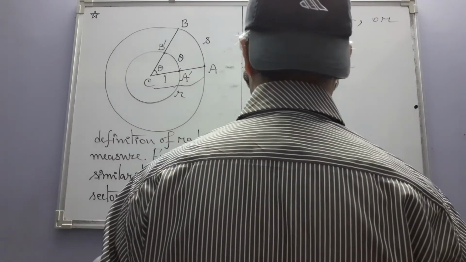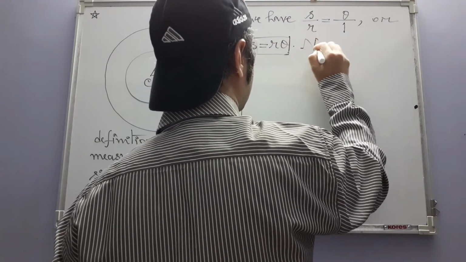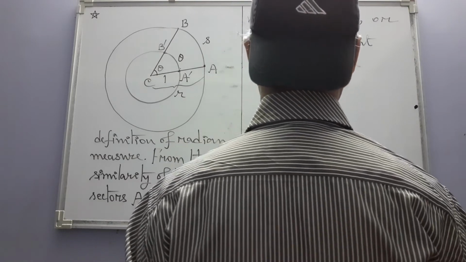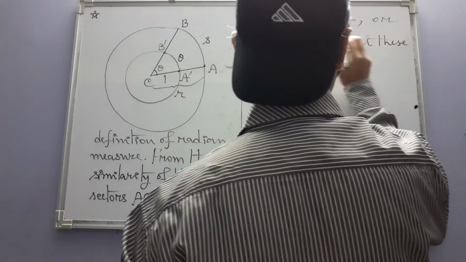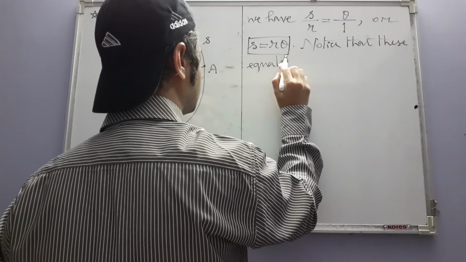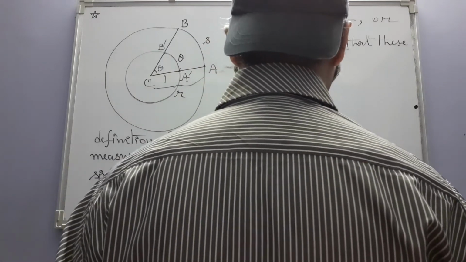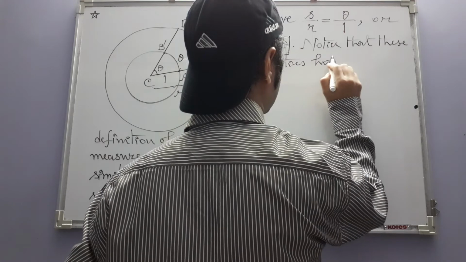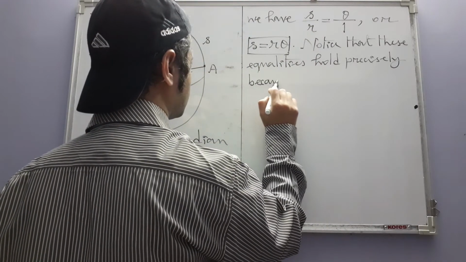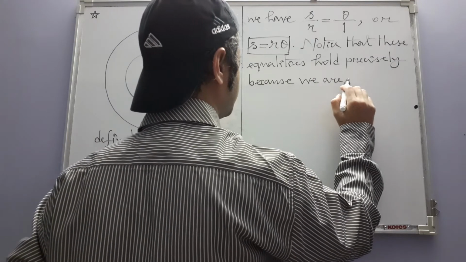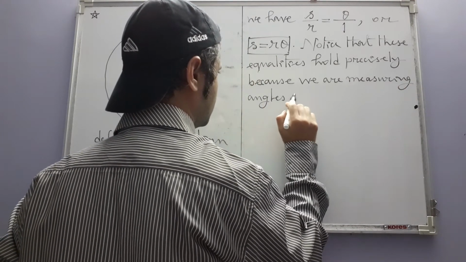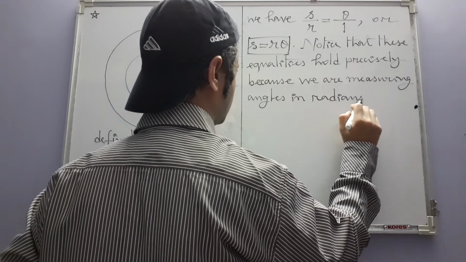And this next remark is important. Notice that these equalities, this one or this one, same thing written in a slightly different manner, hold precisely because we are measuring angles in radians.